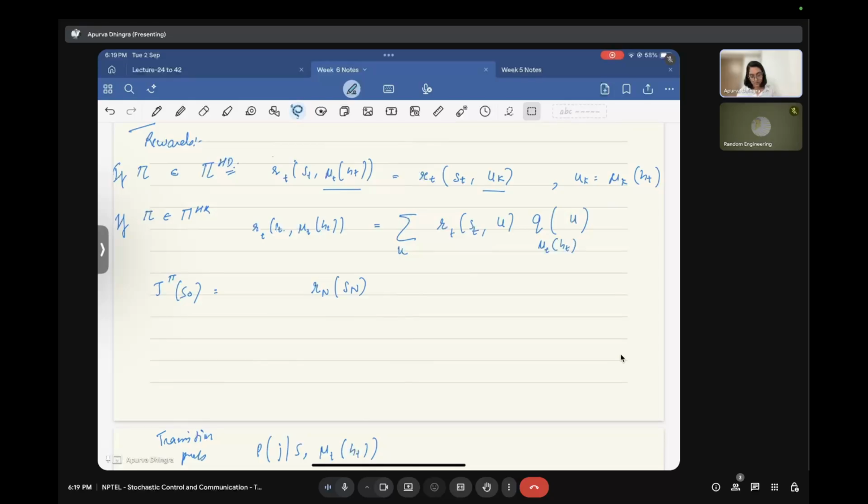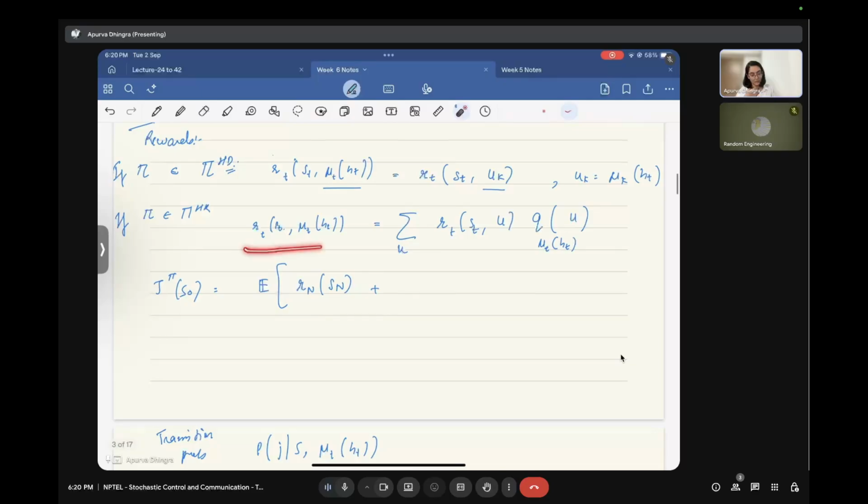So this is the terminal reward. Terminal reward doesn't have to worry too much, but okay, let's stay consistent. So there's an expectation, so if there is any form of randomness, then it's a sum over all the other rewards. By all the other rewards, I mean these ones where t goes from 0 to n minus 1. So I'm basically summing over all of these, and inside this there is a sum over this.